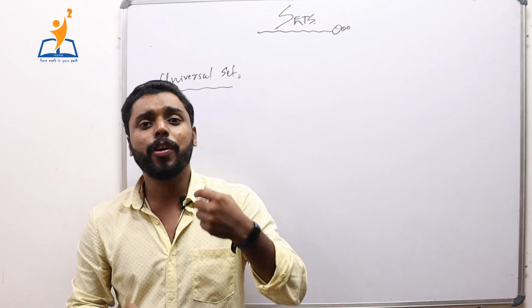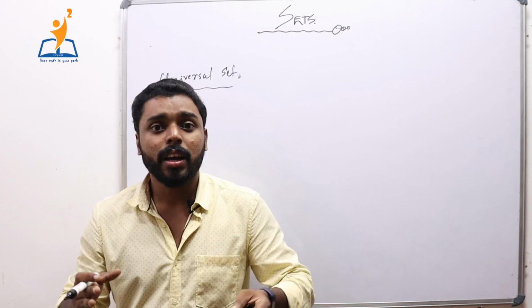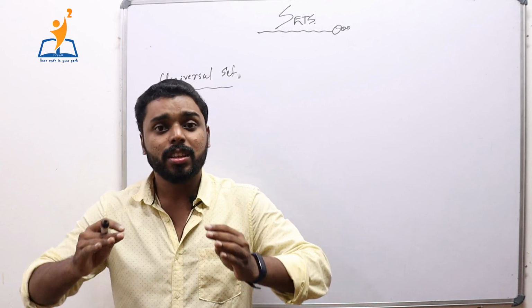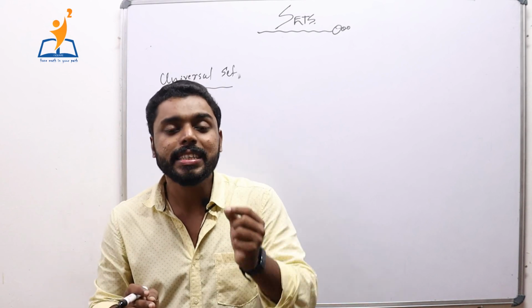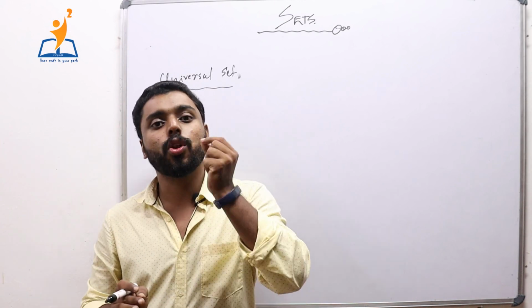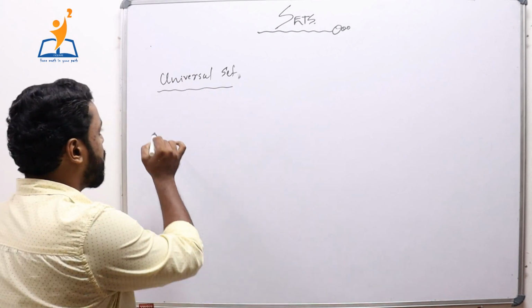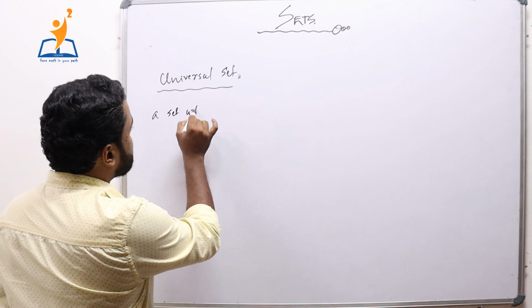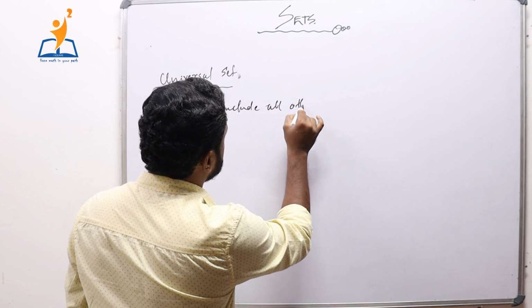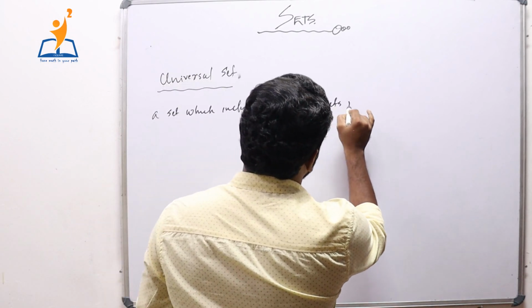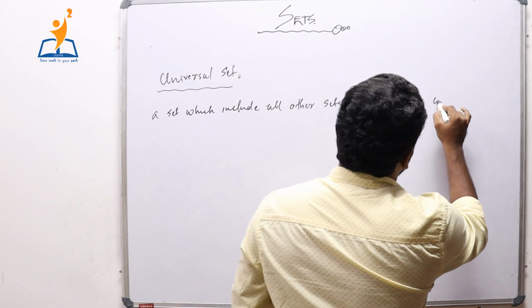Or similarly, if we are going to study the number of men or number of women in the world, then the universal set can be the set of all humans in the entire world, which means that universal set is a set which includes all other sets in a particular context.